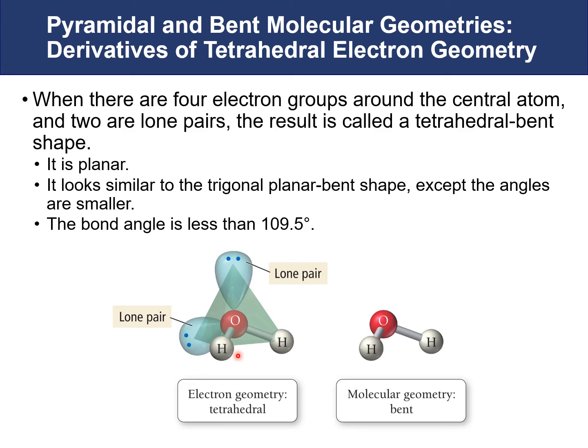Because they move closer together, the angle between the hydrogen, oxygen, hydrogen will become smaller, making it less than 109.5. So again, you have tetrahedral electron geometry with 2 lone pairs is a bent shape.